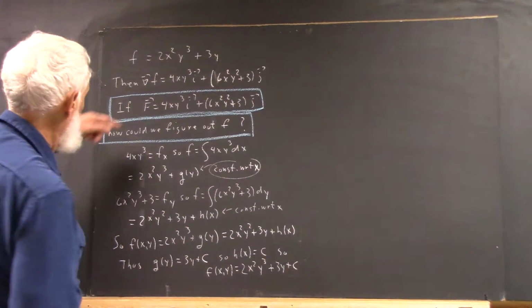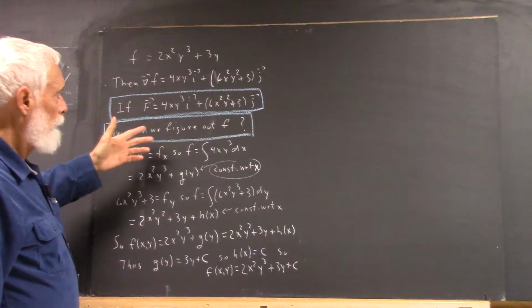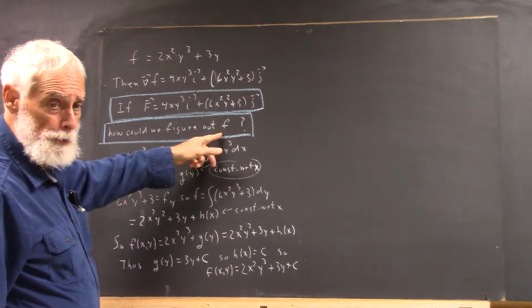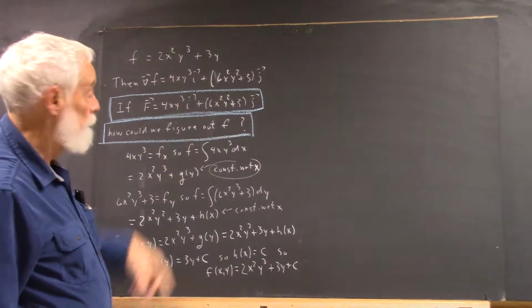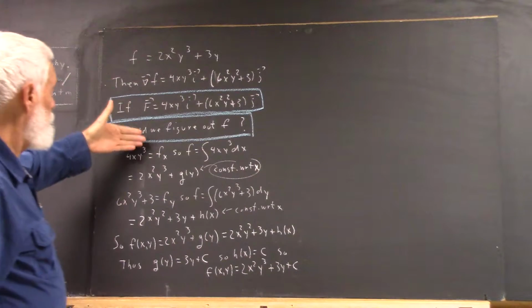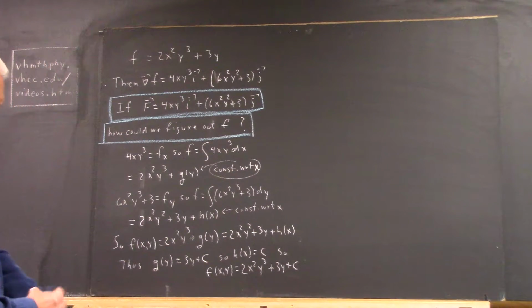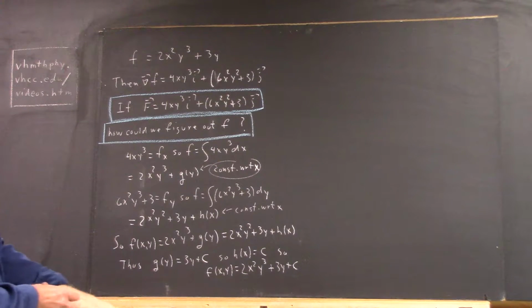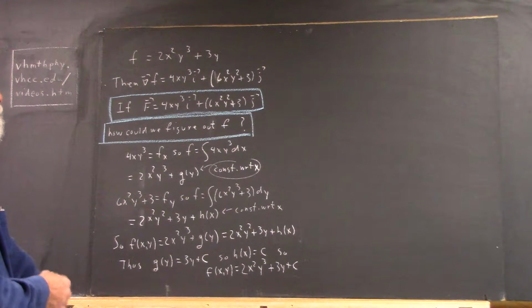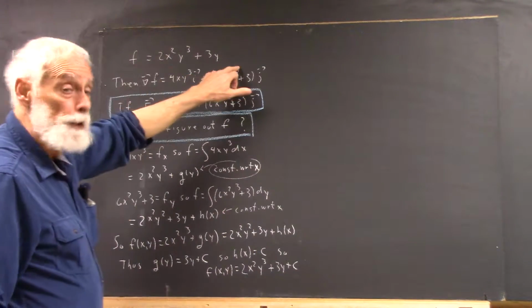Okay, now, if we know a vector function, the question is, how do we find its potential function, or even if one exists? And this isn't really too bad of a process. So we start by starting with a potential function.